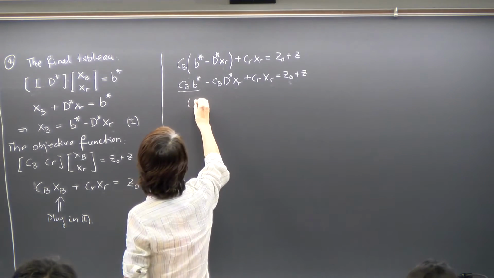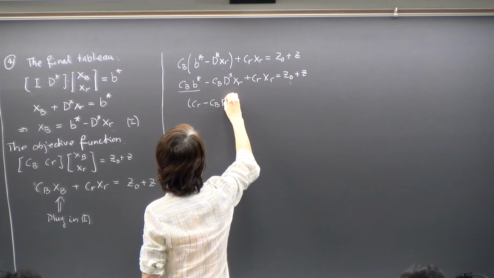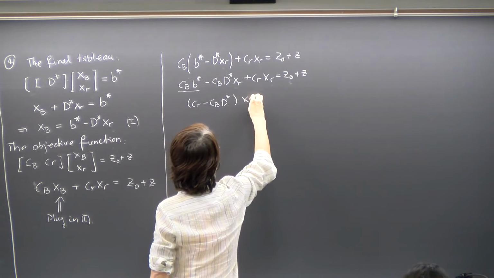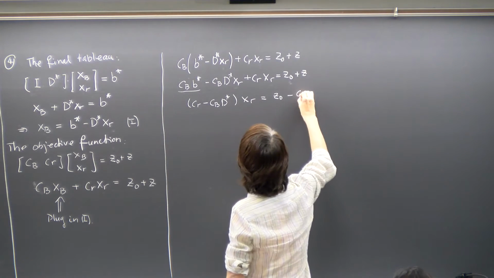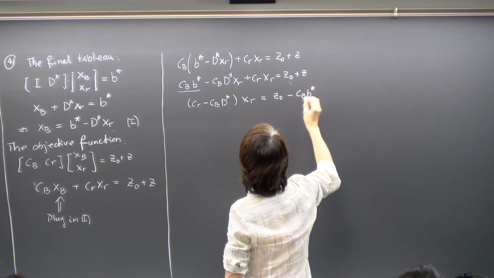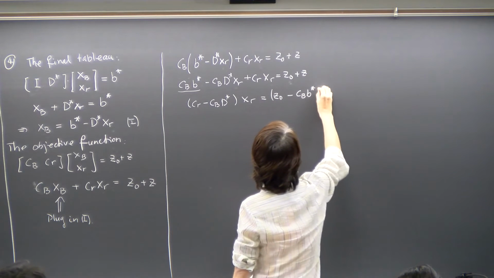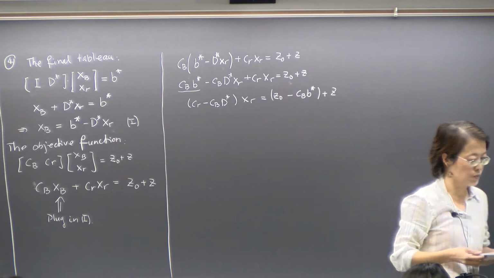So what I will have will be CR minus CB D star XR equals Z naught minus CB B star. I'll move it over here plus Z. It's just moving terms around.